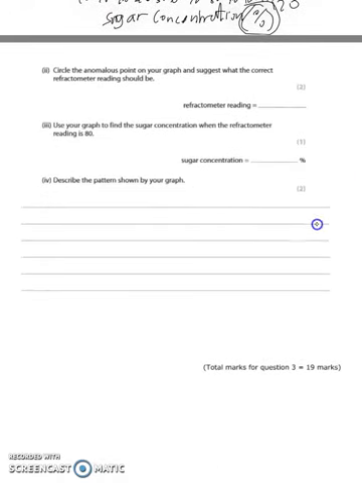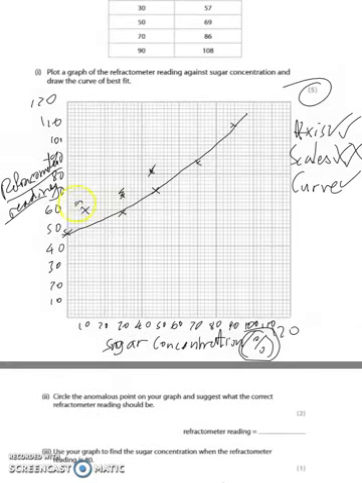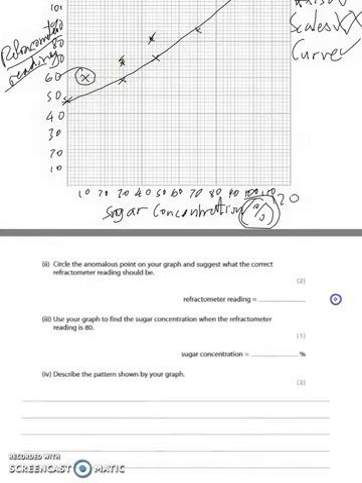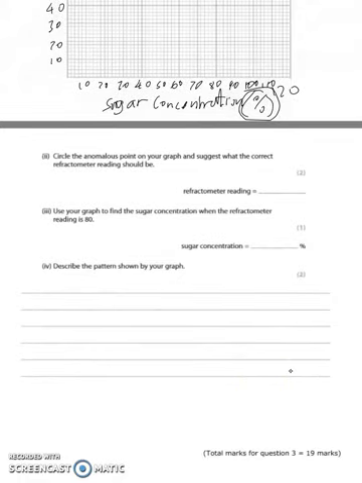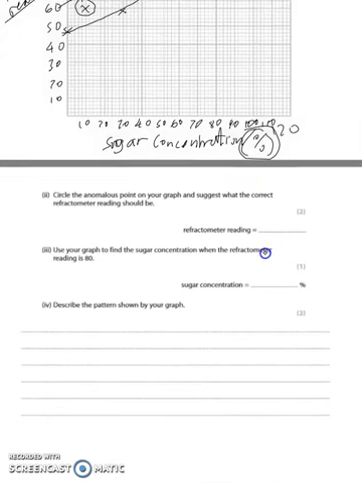Once we've got that, we're going to circle the anomalous reading, which is quite easy because it's the only one that's not on our curved line. The question says, circle the anomalous reading and suggest what the correct refractometer reading should be.